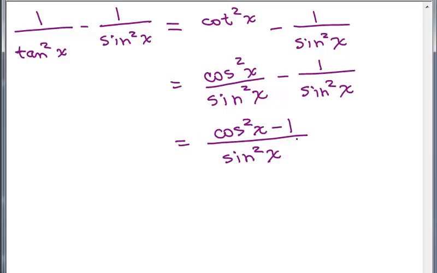But cosine squared x minus 1 can be simplified a little bit further. You should be familiar with the Pythagorean identity, cosine squared x plus sine squared x equals 1. If we could manipulate this so that we have cosine squared x minus 1 on one side of the equation, we'll be able to do a substitution.